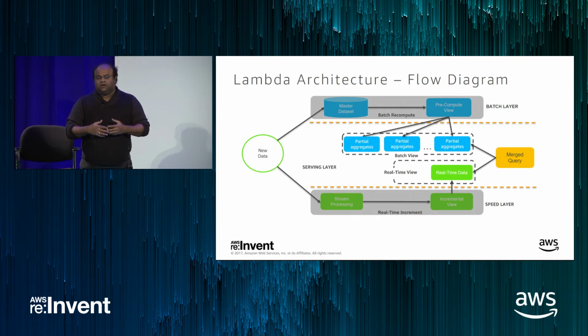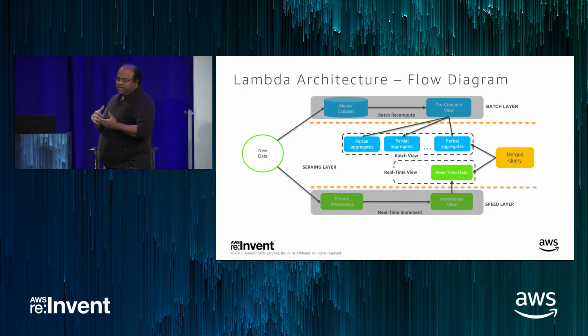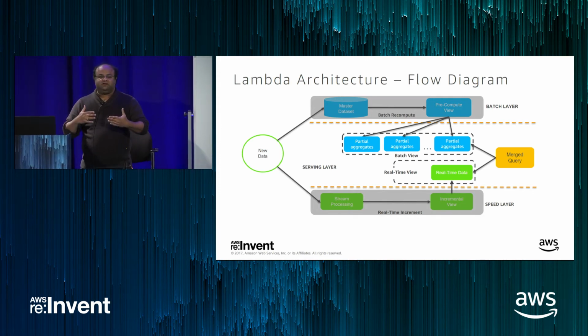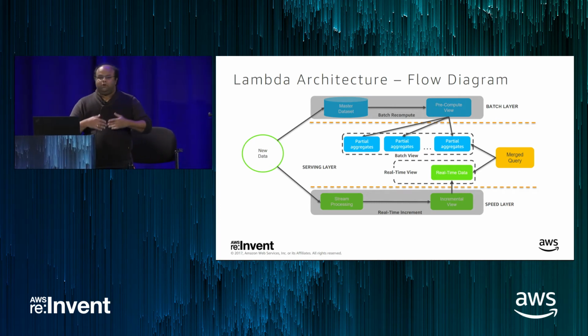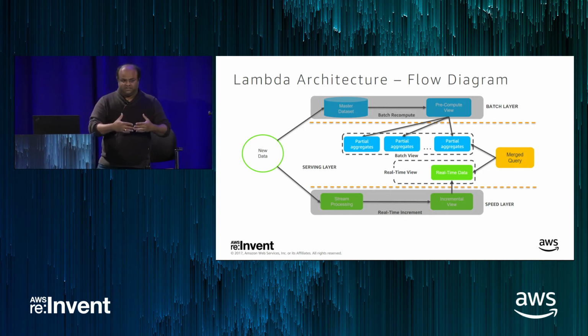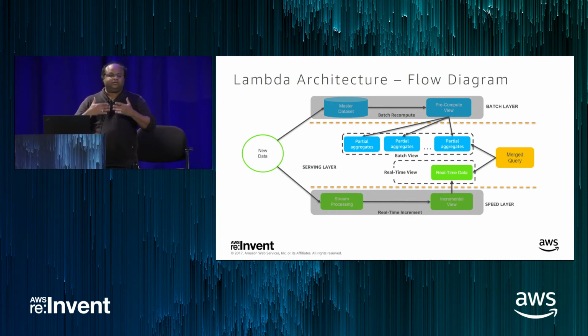For that, you can now refer to the data from the batch layer and also combine the data from the real-time or the incremental view, and then do a merge query across both the layers. That will give you acceptable accuracy, may not be as close to 100%, but acceptable accuracy to be able to react to the immediate events that are coming in.